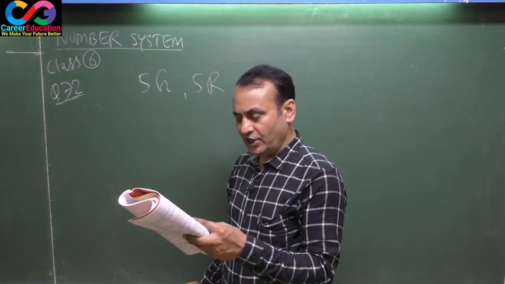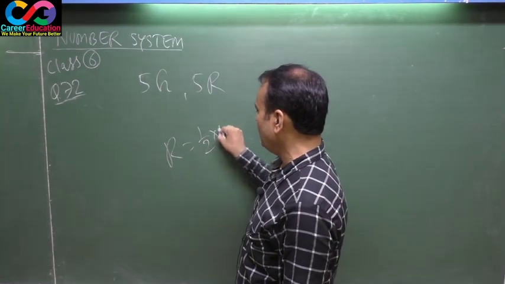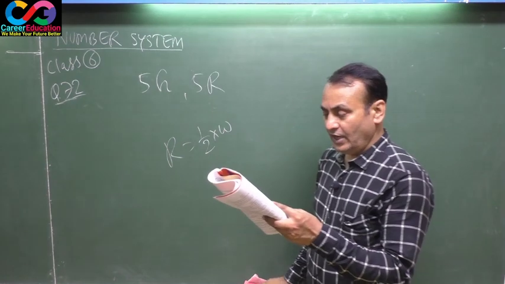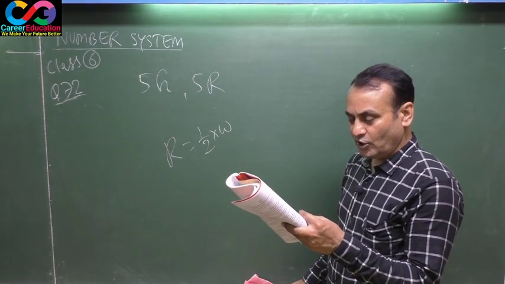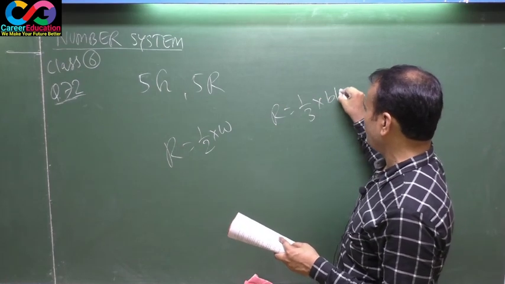In his collection, the red balls are half of the white, meaning red is half of the white, and red is 1/3 of the blue.